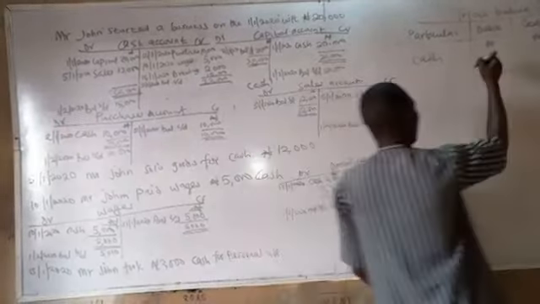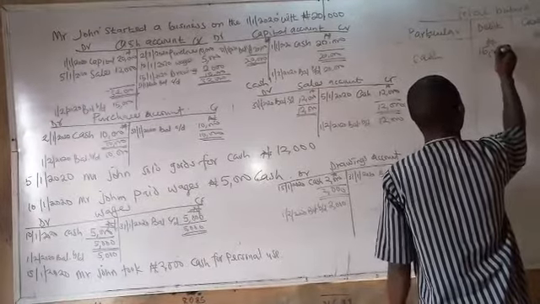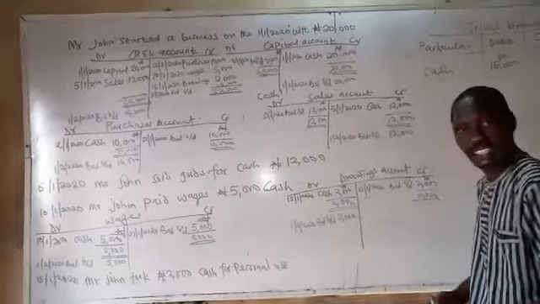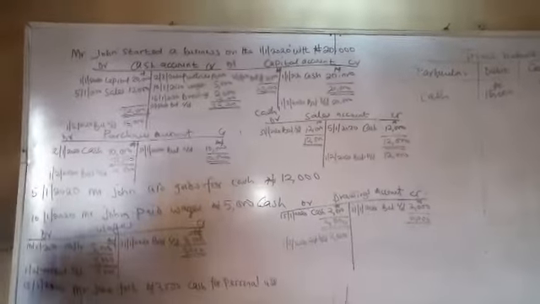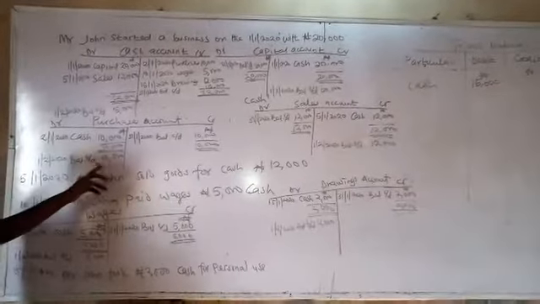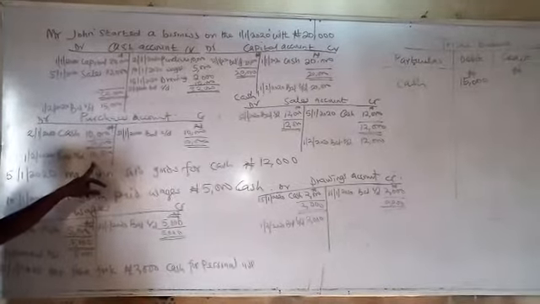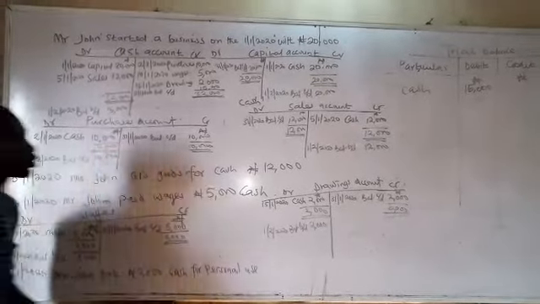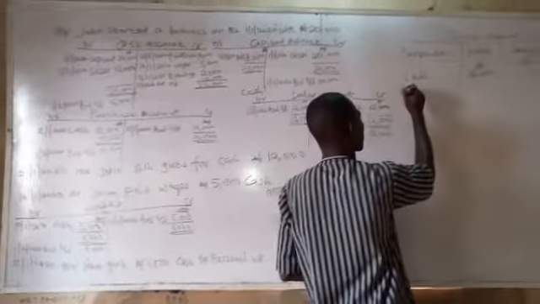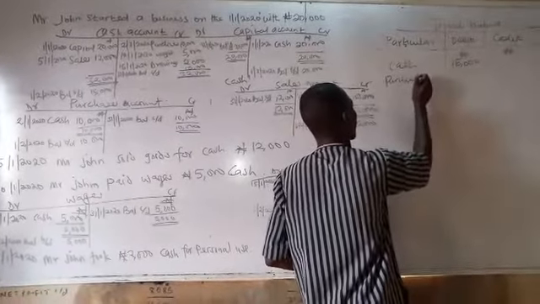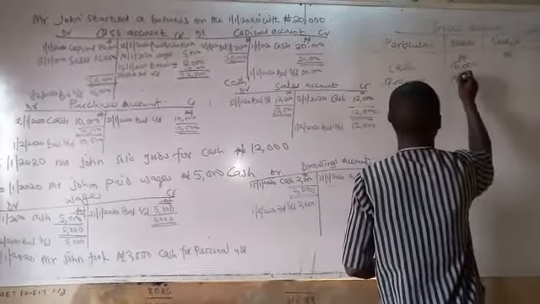Debits, we come here and put 15,000 naira. Is it clear? Yes. Let's go to purchase account. The purchase account equally has a debit balance of what? 10,000 naira. Purchases, 10,000 naira.